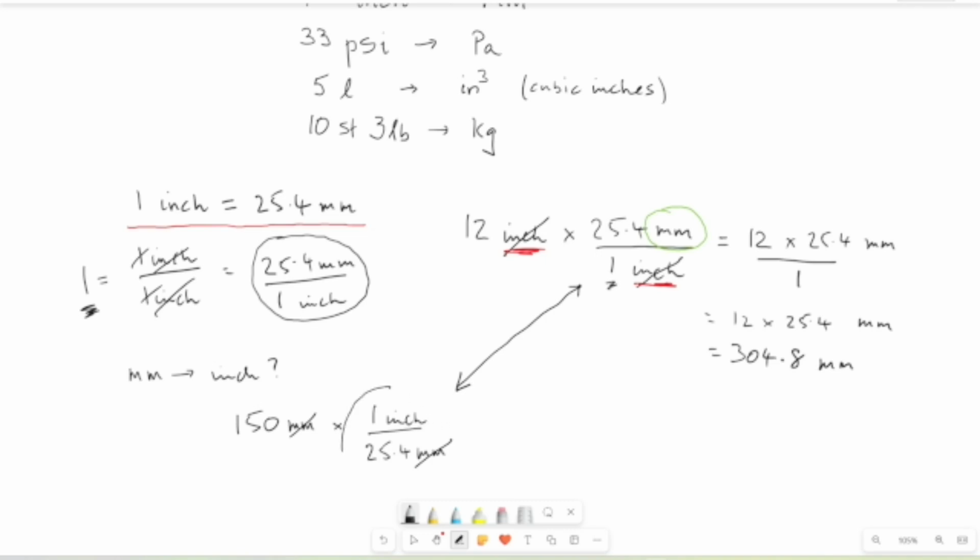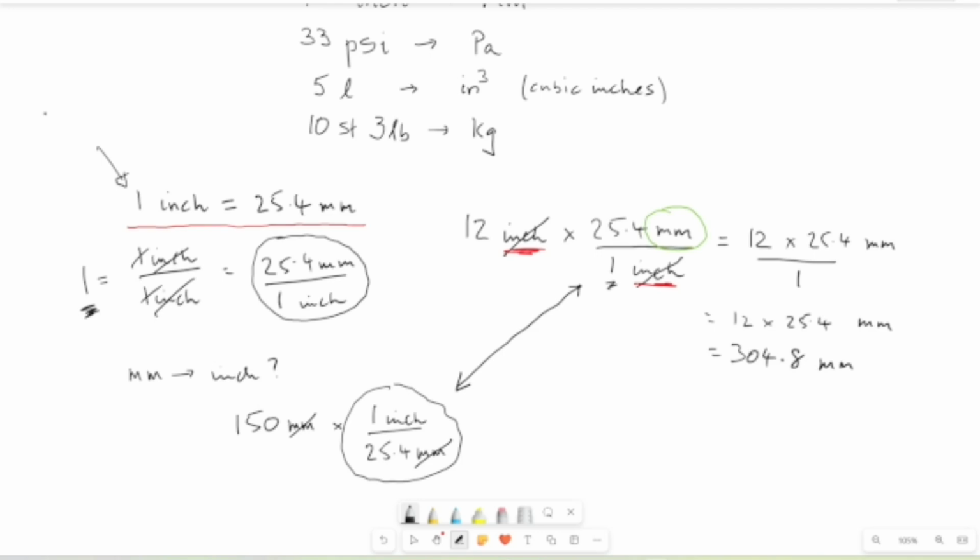This expression here is still equal to 1, and we can get that from our starting expression, 1 inch equals 25.4 millimeters, if we divide both sides by 25.4 millimeters instead of dividing by 1 inch as we did here.